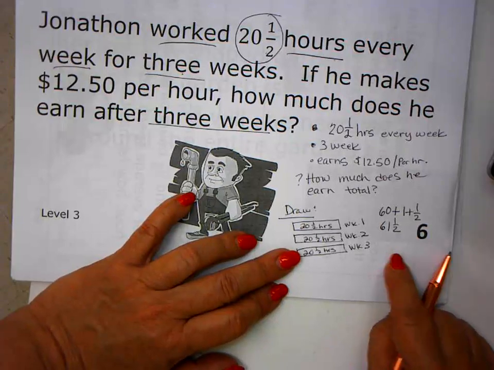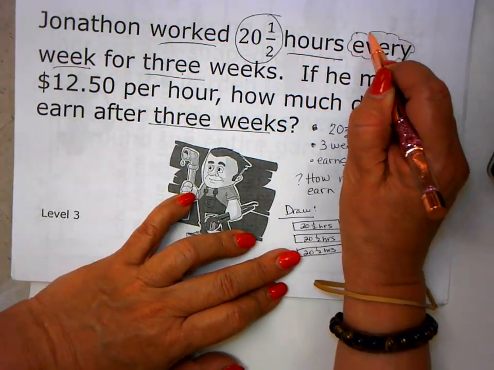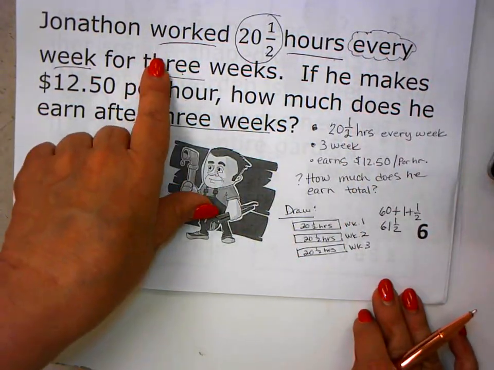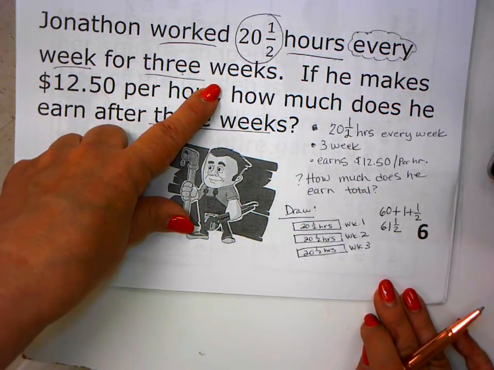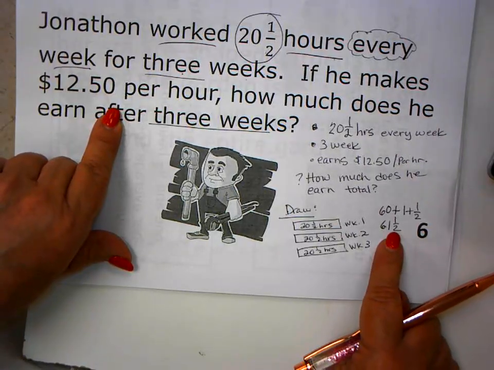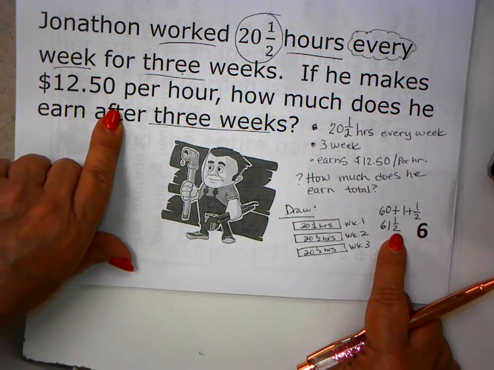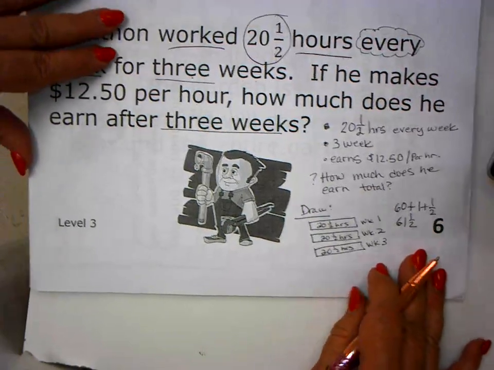Okay. And you know that it's every week. It didn't say for the total of 3 weeks. So it's every week for 3 weeks. Now I need to multiply that out. But I'm going to change this from a fraction to a decimal. Very good.